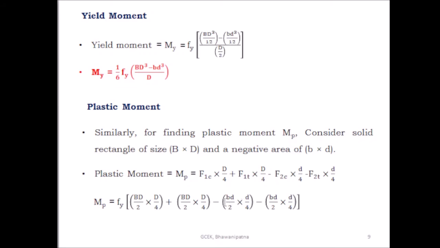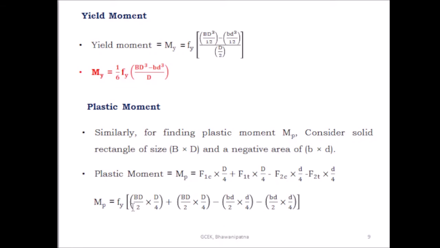Then for the negative area or the hollow area, F2C is also equal to small bd by 2 into Fy into d by 4, and F2T is equal to Fy into bd by 2 into d by 4. So this is the plastic moment.